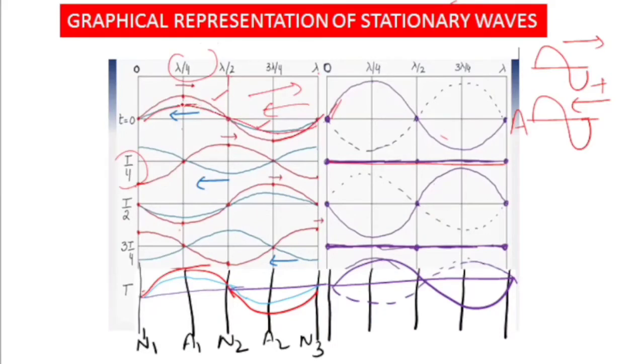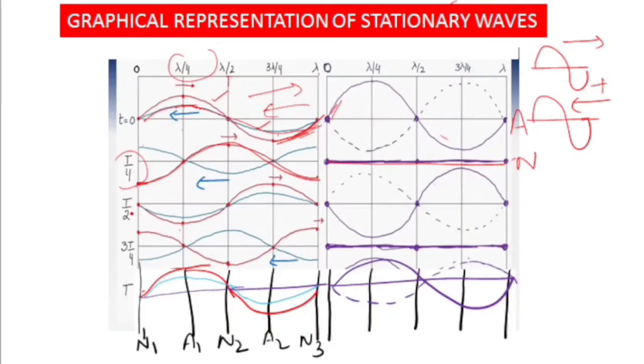In the red part, this part covers lambda by 4 distance, so this wave starts from this point. When these two waves superimpose again, the crest of one wave superimposes on the trough of another. It means both are out of phase and hence the resultant amplitude is 0. So at T by 4 time the resultant amplitude is 0 and a node is formed.